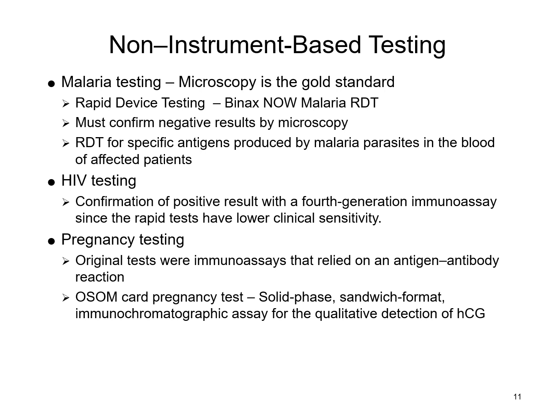Now with pregnancy testing, the original test kits relied on an antigen antibody type of reaction. These methods are still available, but they have been replaced over the years with different methods. For example, one manufacturer uses a pregnancy test kit that is a solid phase, sandwich format immunochromatographic assay for the qualitative detection of HCG.